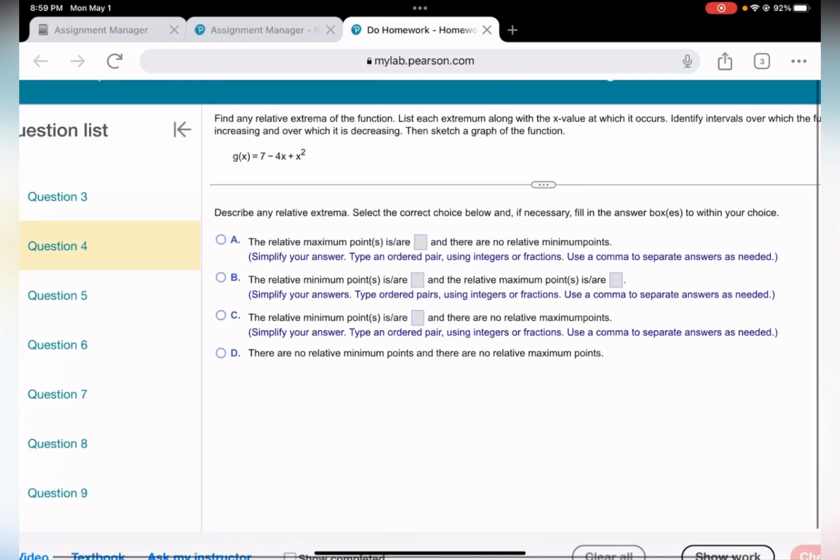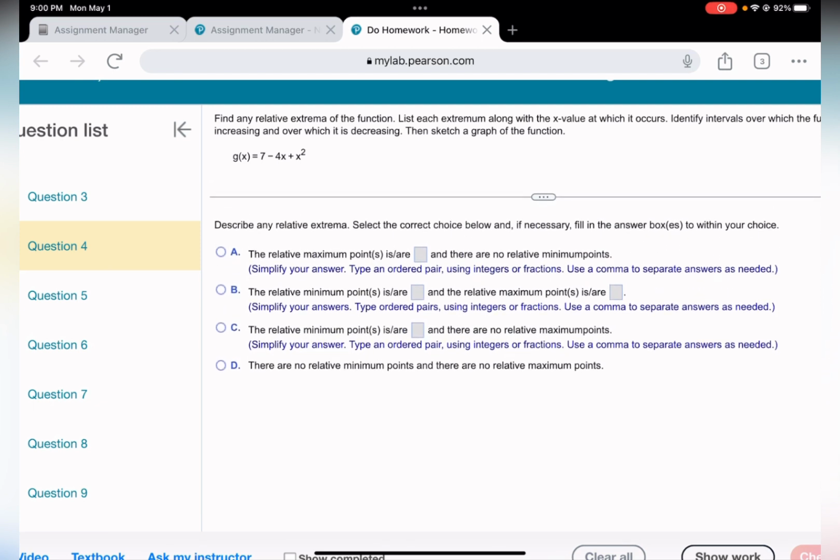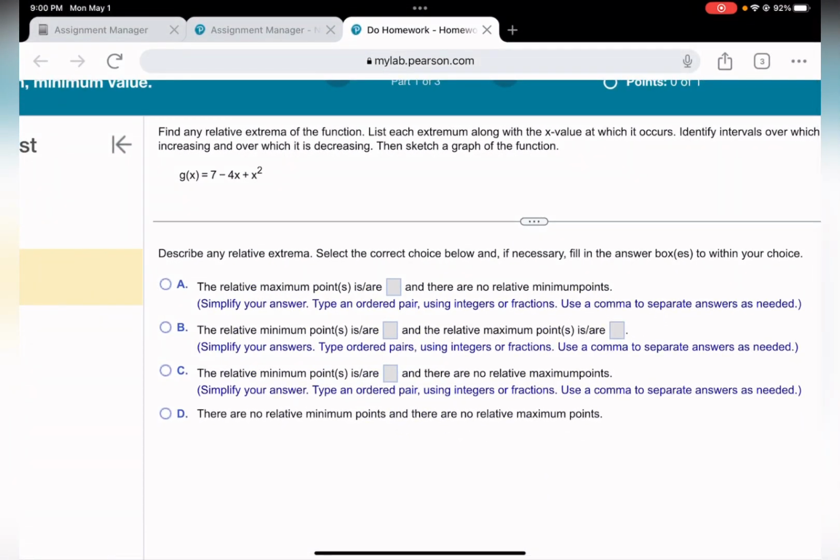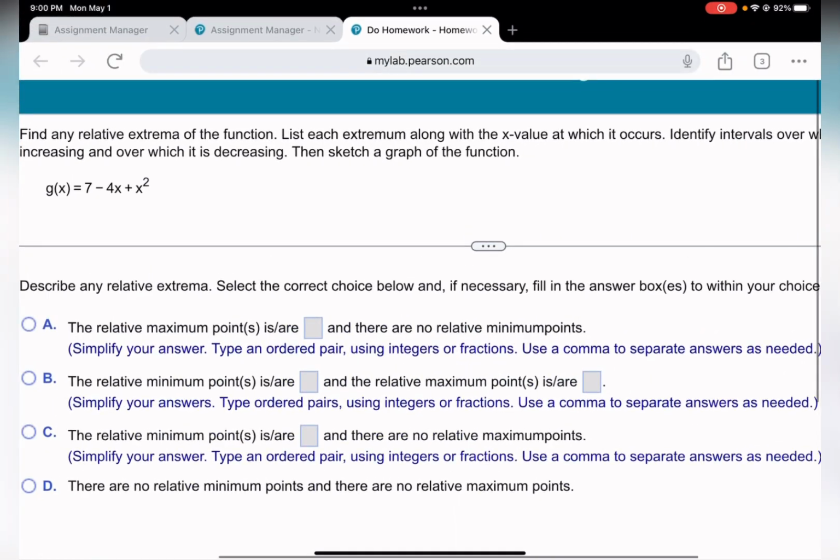Question number 4. Okay, let's see what we have here. Find any relative extrema of the function. List each extremum along with the x value at which it occurs.